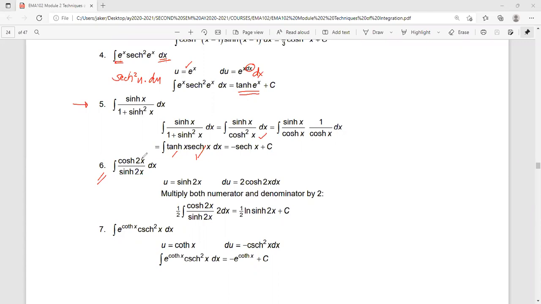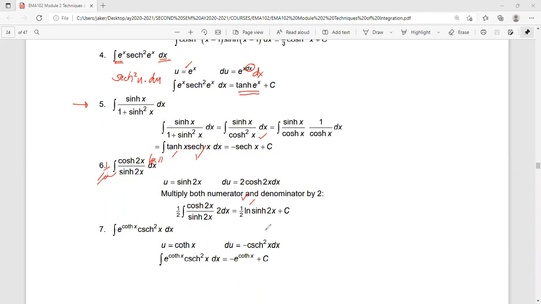So actually what is lacking here is just 2, because the derivative of the hyperbolic sine of 2x is hyperbolic cosine of 2x times 2 dx. So you place 2 here and you place 1/2. So you see it's 1/2 the ln of the u, which is the hyperbolic sine of 2x.